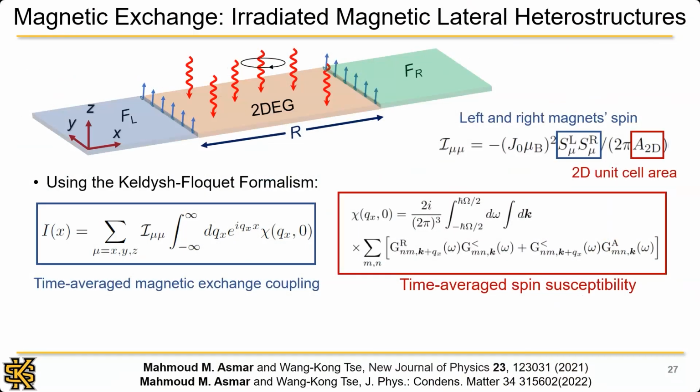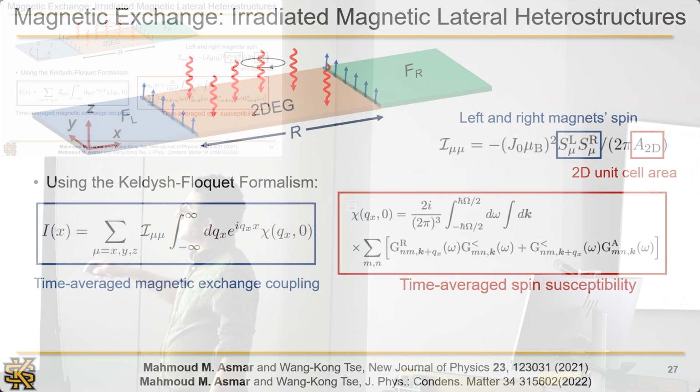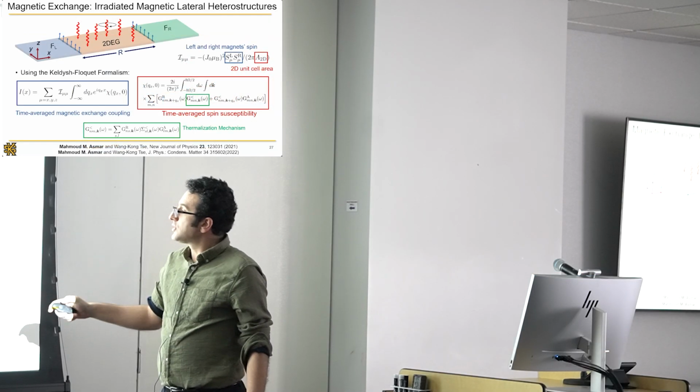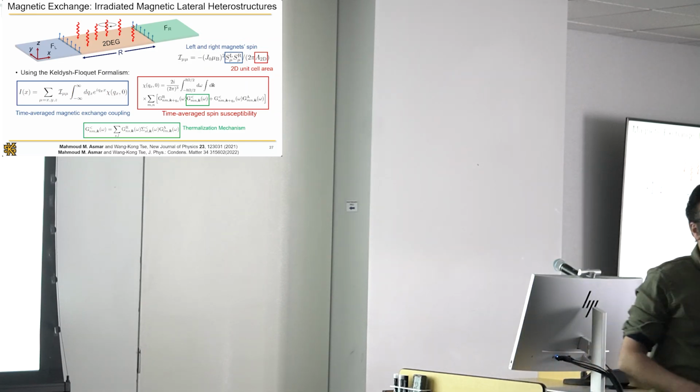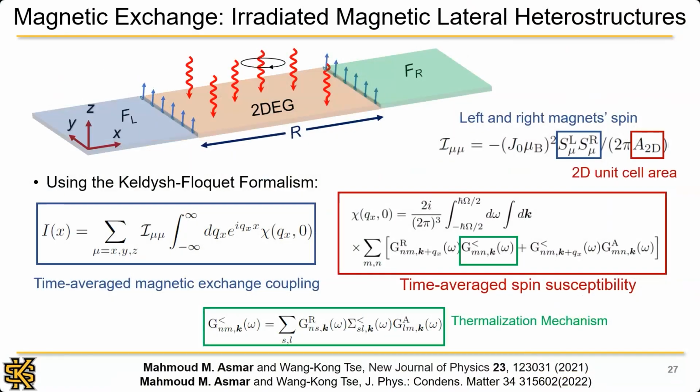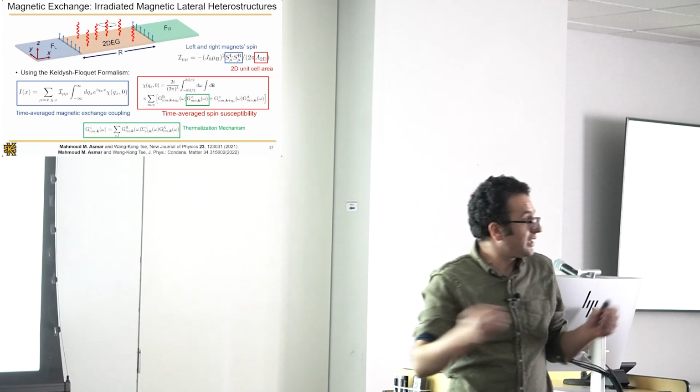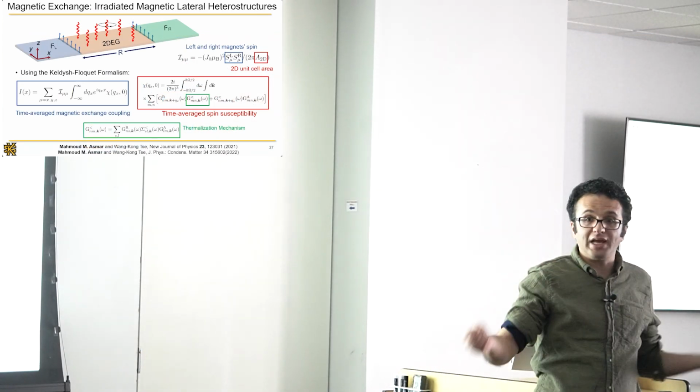Now, the most important of these quantities is G lesser, because G lesser also captures the effects of thermalization in my system. So I have a system that is constantly irradiated, and I need to achieve a non-equilibrium steady state through the Floquet picture. That means there should be a mechanism of thermalization.